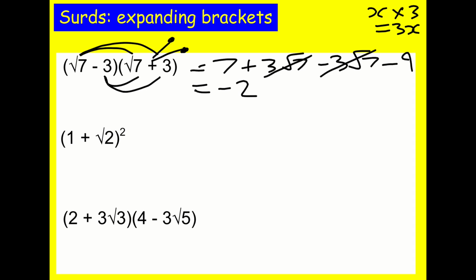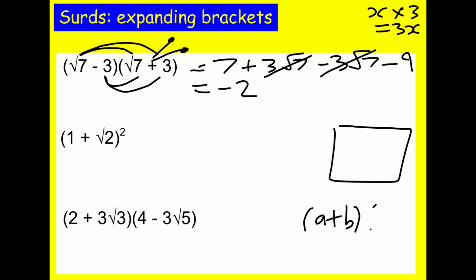Good. Okay, just before I do the second two examples, let's remind ourselves why we can expand brackets like this. It's all right learning it and just saying, just do this, but make sure you understand why. So let's say I want to do A plus B times C plus D. This is like a rectangle which is A plus B long and C plus D in height.